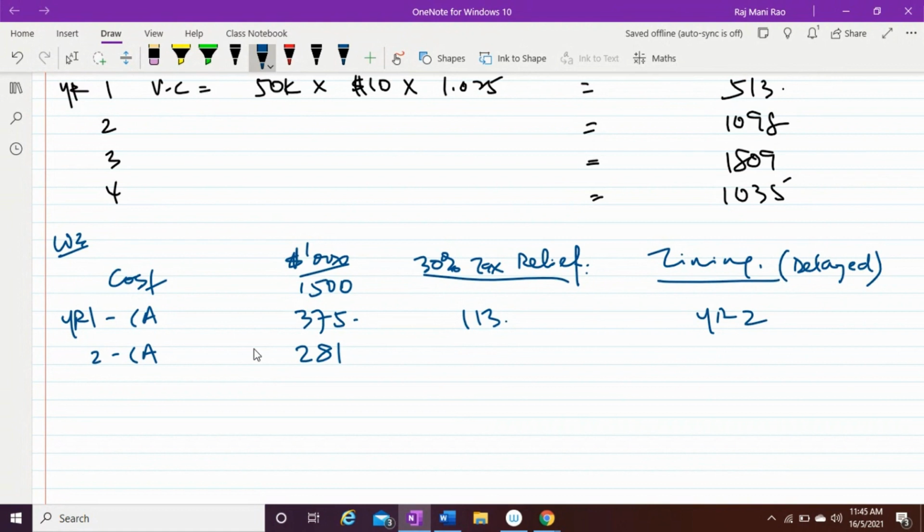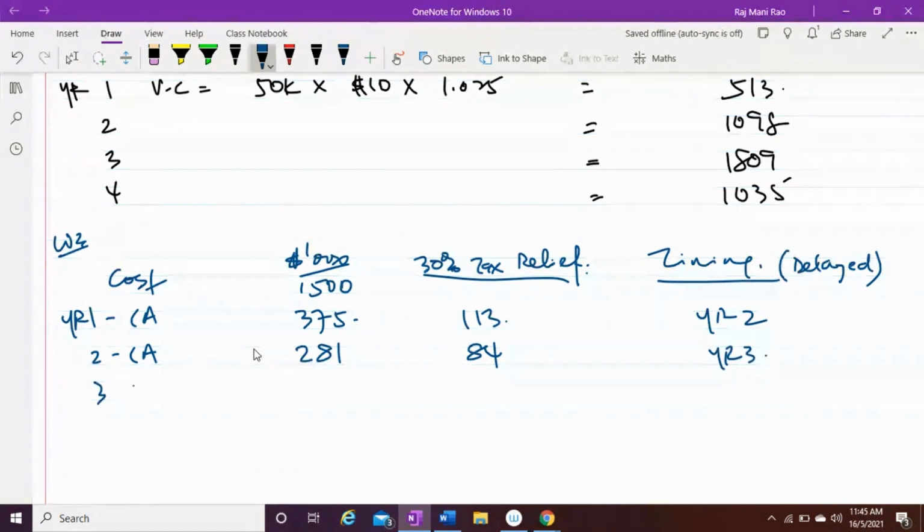Tax relief, 84. So timing will be year 3.